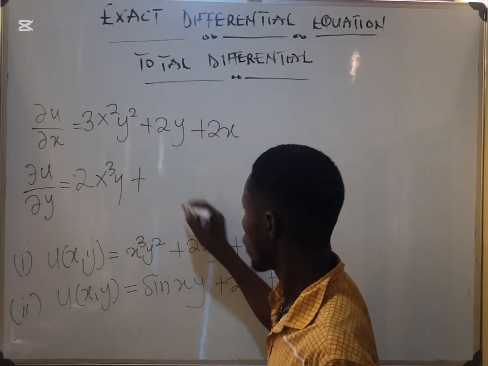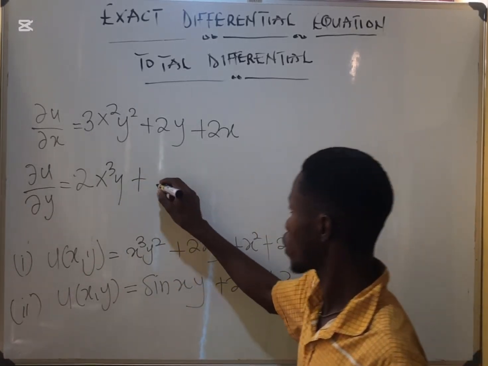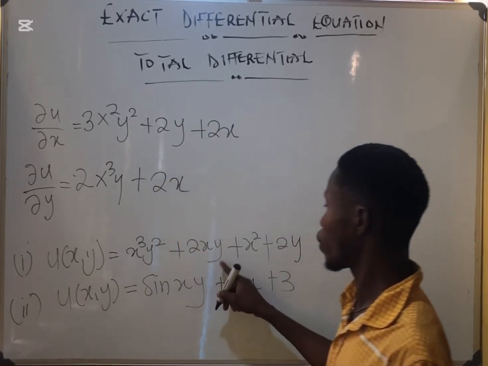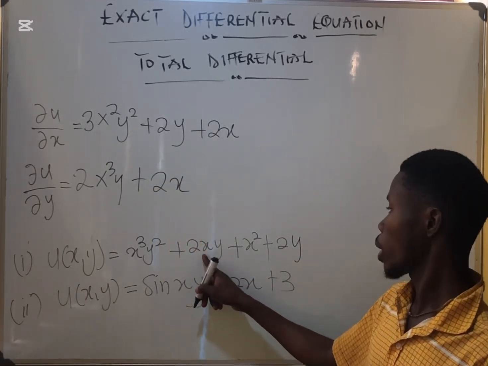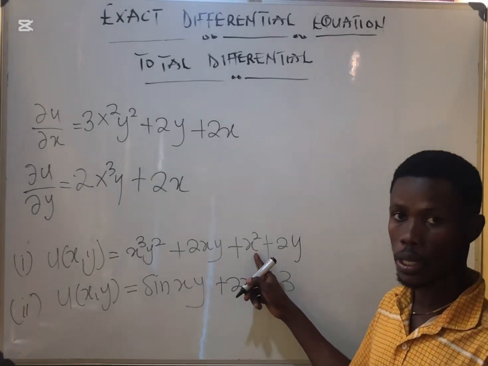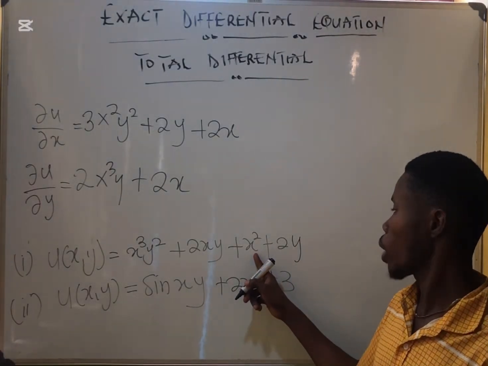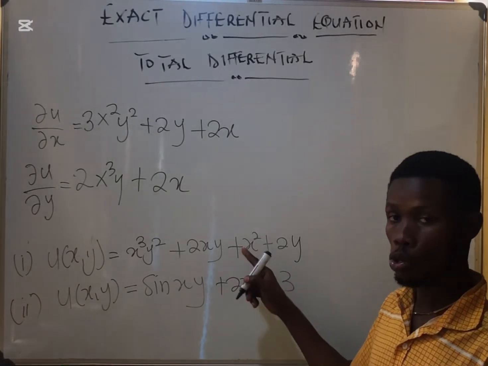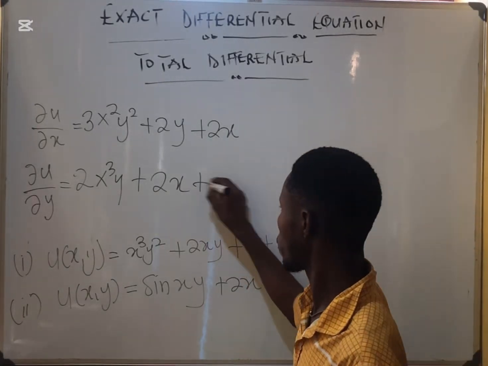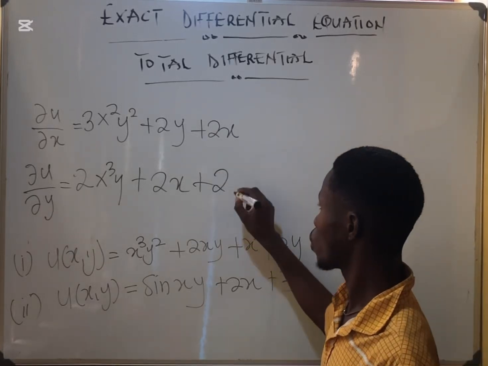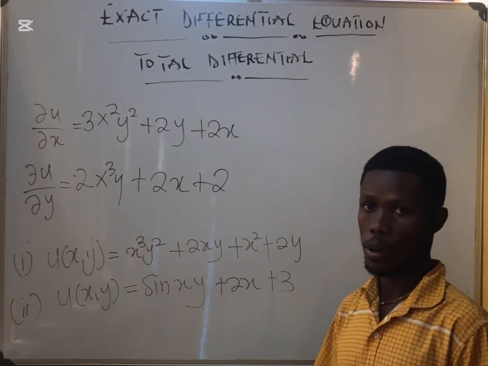Plus, if I differentiate x squared y, leave it 2x, but if I differentiate y, that will be 1. So that gives you 2x squared. X squared will go to 0 because you are differentiating partially with respect to y. So everything of x goes to 0, leaving this one. If I differentiate 2y, you know that will give us 2. So these are the things that we have here.